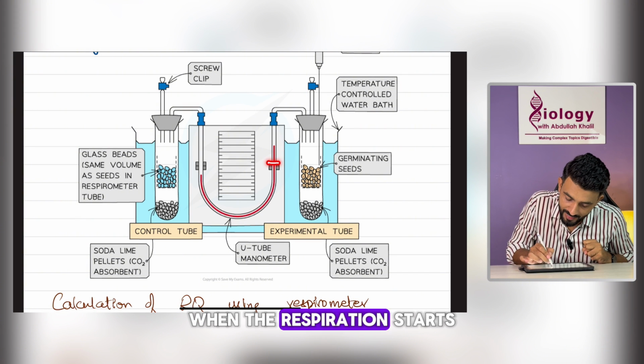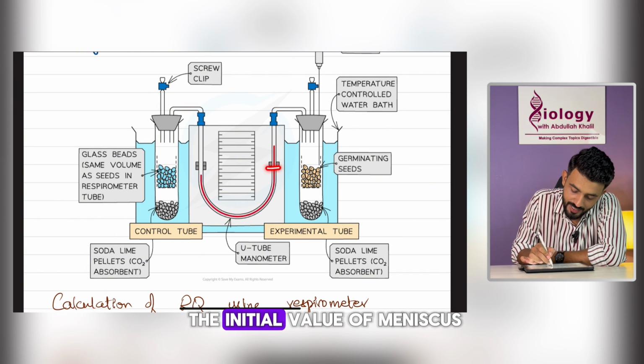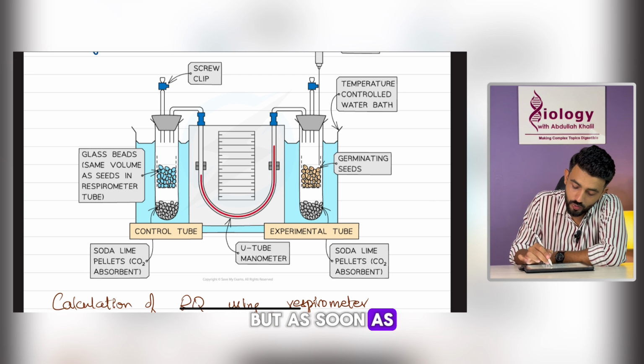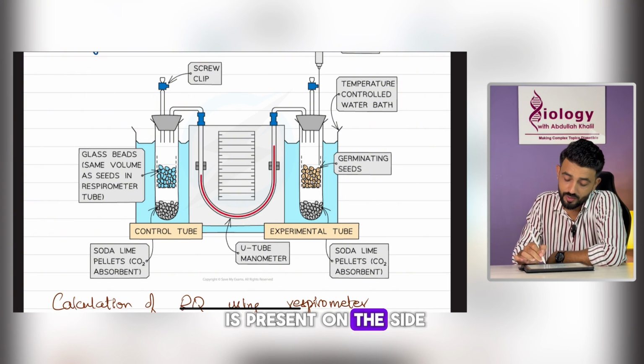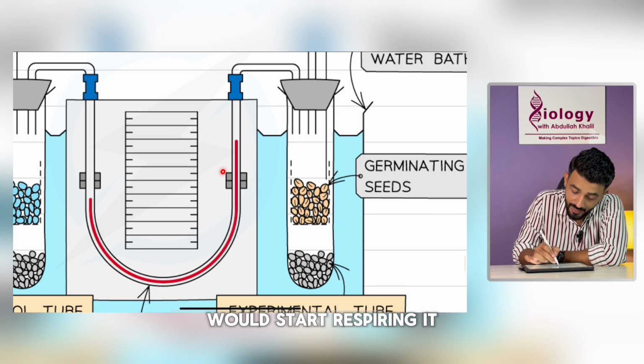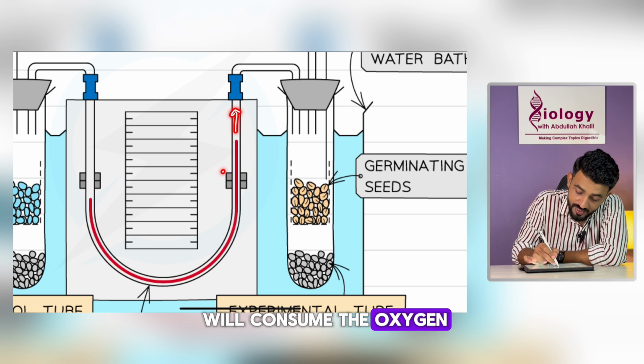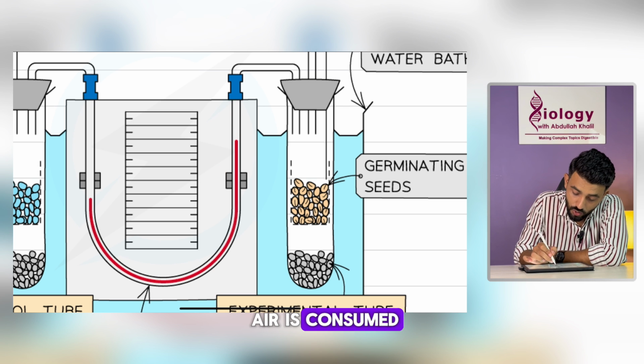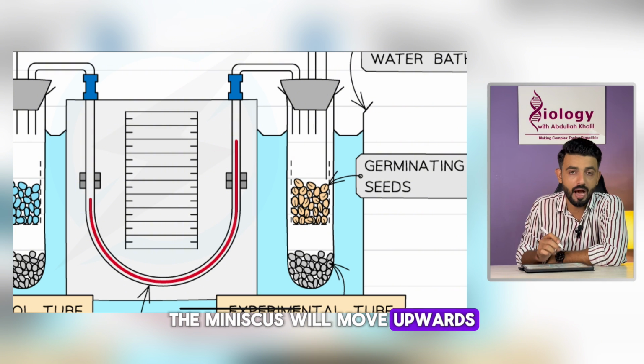So when the respiration starts, let's say this was the initial value of the meniscus. This meniscus was here initially, but as soon as this is connected and the organism present on this side starts respiring, it will consume the oxygen, the air from this area. And if the air is consumed, the meniscus will move upwards.